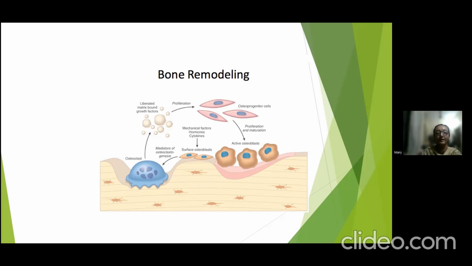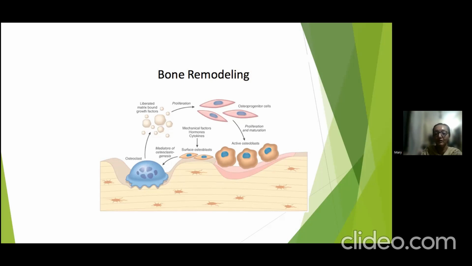So this cycle keeps on going, whereby bone deposition and bone resorption is balanced by both these osteoclasts and osteoblasts. This interdependency of osteoclasts and osteoblasts in remodeling is also known as coupling. And the bone matrix which is laid down is usually a non-mineralized osteoid, which later becomes mineralized.